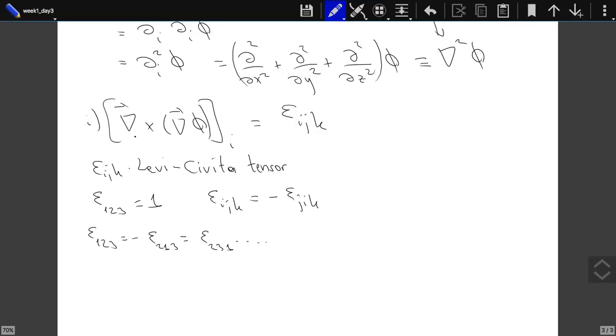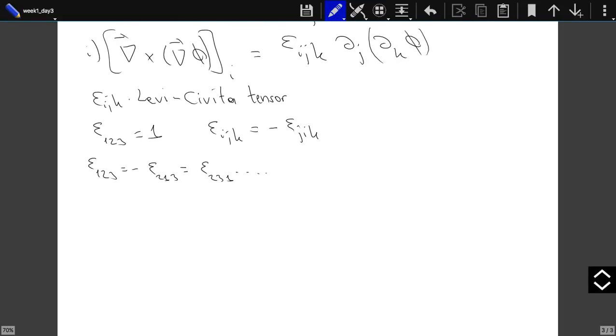Epsilon ijk, the jth component of the first vector, and the kth component of the second vector. So this is the ith component of the curl of the gradient. Now in this index notation there is something funny, but nice.